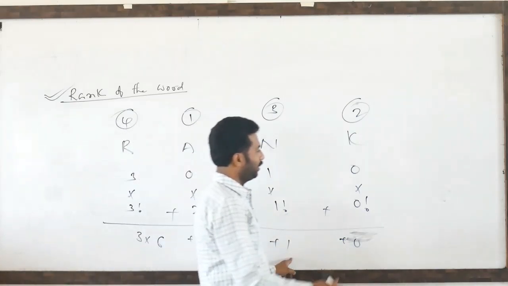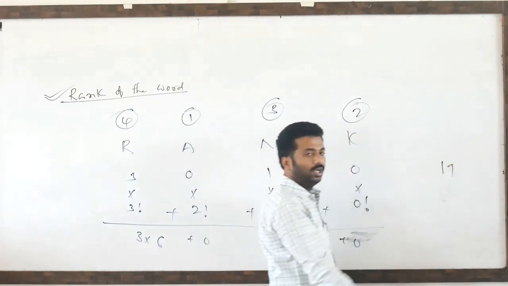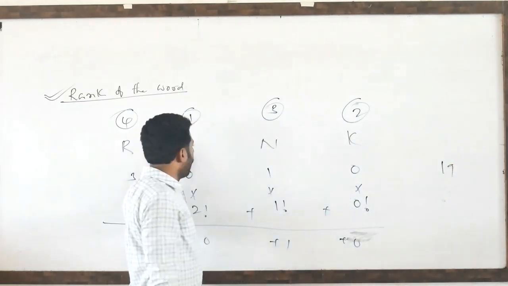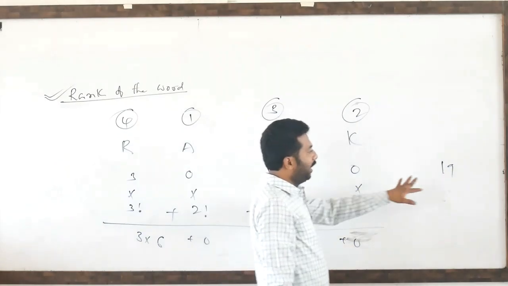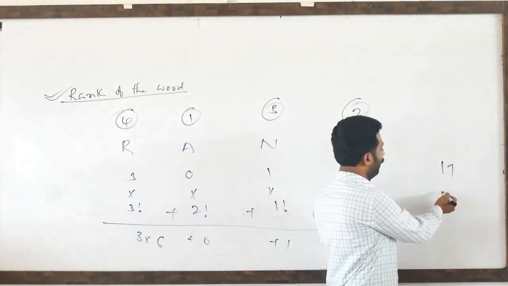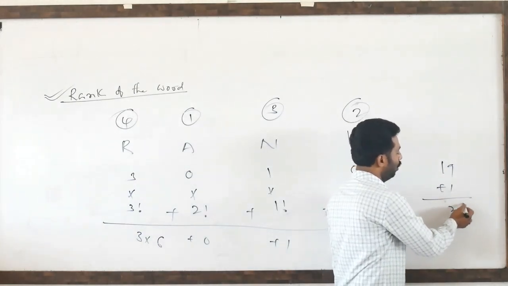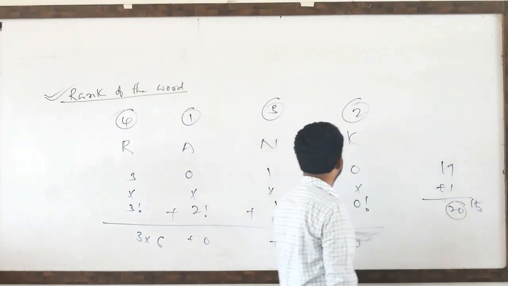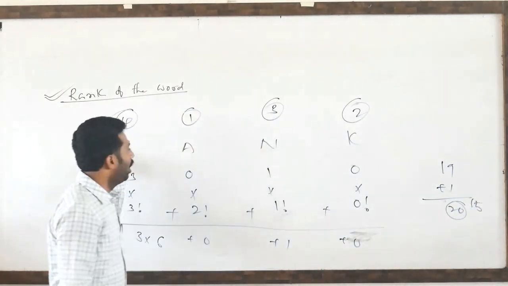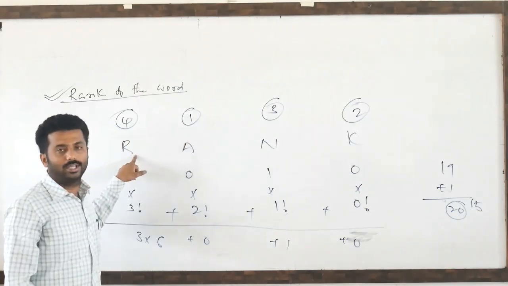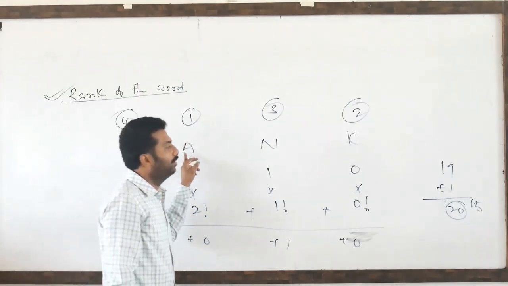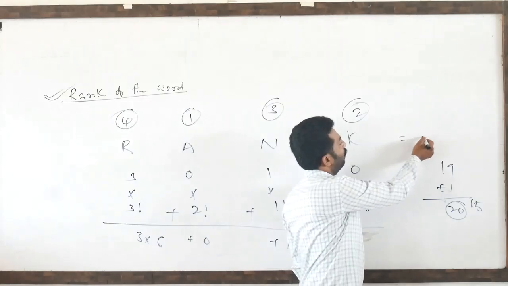So 18 plus 1, 19. See here, before the word RANK, how many words are there? 19 words are there. What is the next word? Plus 1. So the 20th word is RANK, if you arrange all these letters according to the dictionary. So the rank of the word is the 20th word.